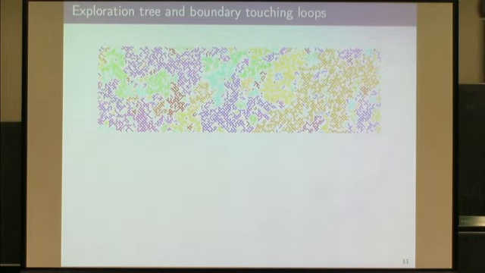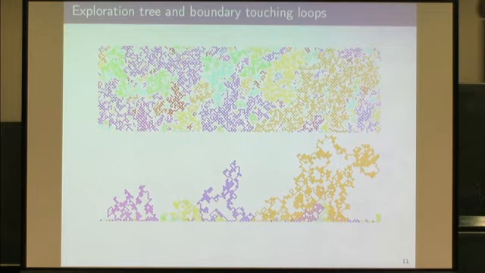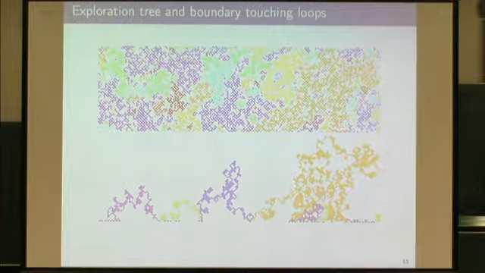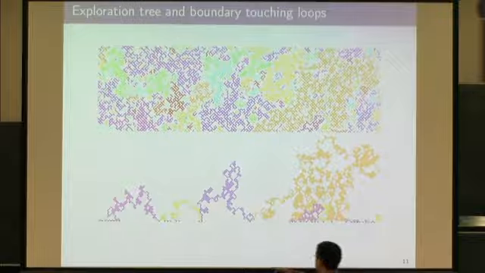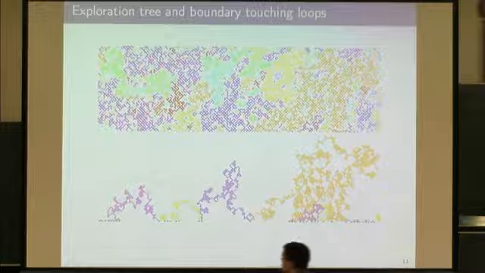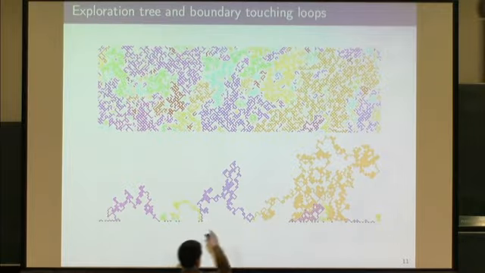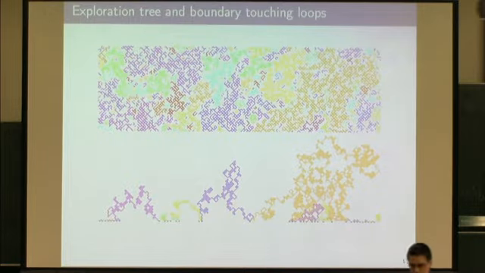Okay, so still a little bit more about the tree. So here are the boundary touching loops, and this is the process from the bottom left to bottom right. So we follow the loops, and then we jump to the next loop. So this doesn't trace all the loops, but actually it traces many of them.